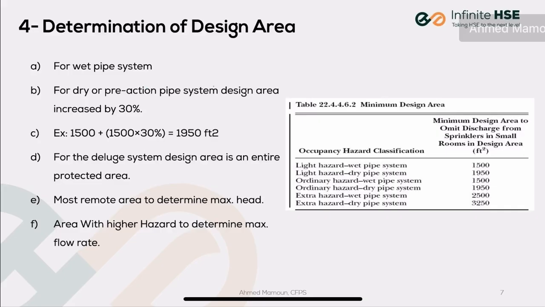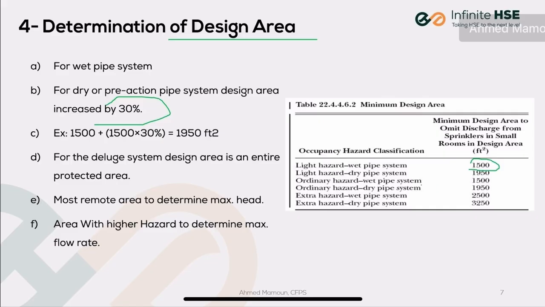After that, we can determine the design area by knowing the hazard occupancy classification. For a wet system, the light hazard wet pipe system is 1500. For dry and pre-action systems, we already discussed that we increase the design area by 30%, so the light hazard dry pipe system will be 1950.